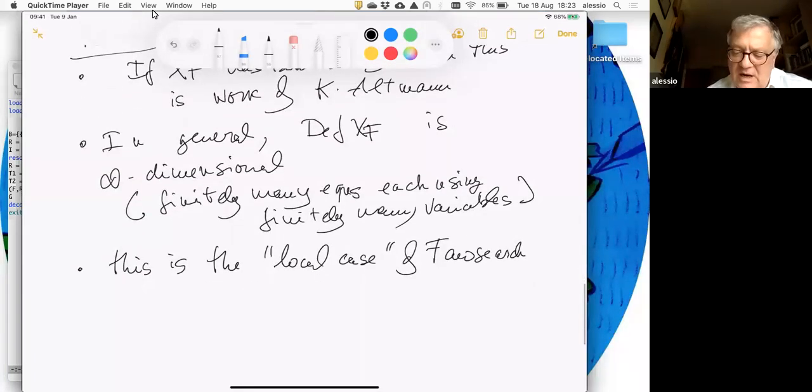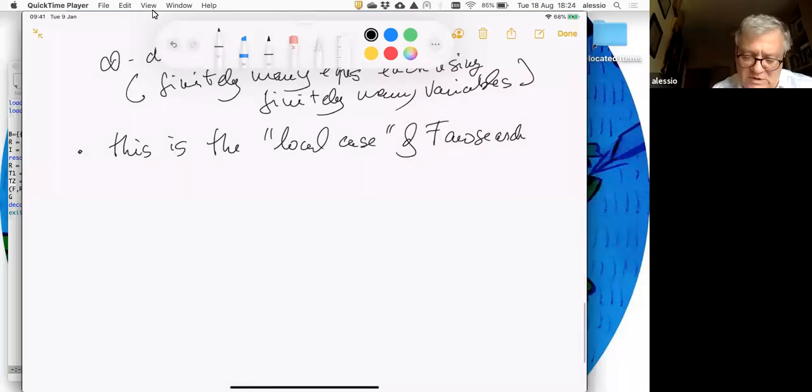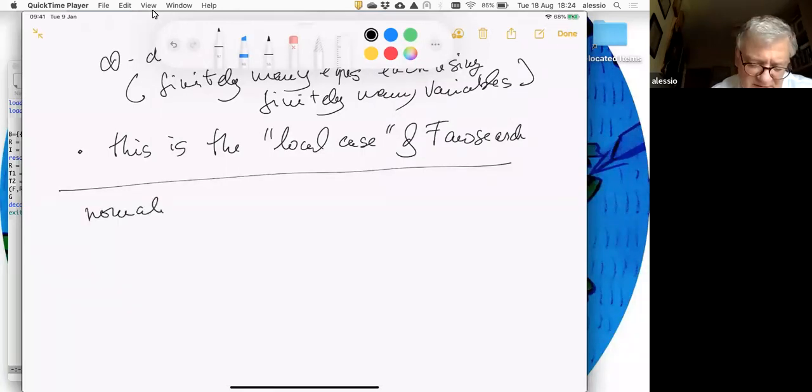So I want to tell you what's a normalized zero mutable polynomial. This will take some time. I'll give some examples at the end. To make sense of the conjecture, I need to tell you what's a normalized zero mutable polynomial.